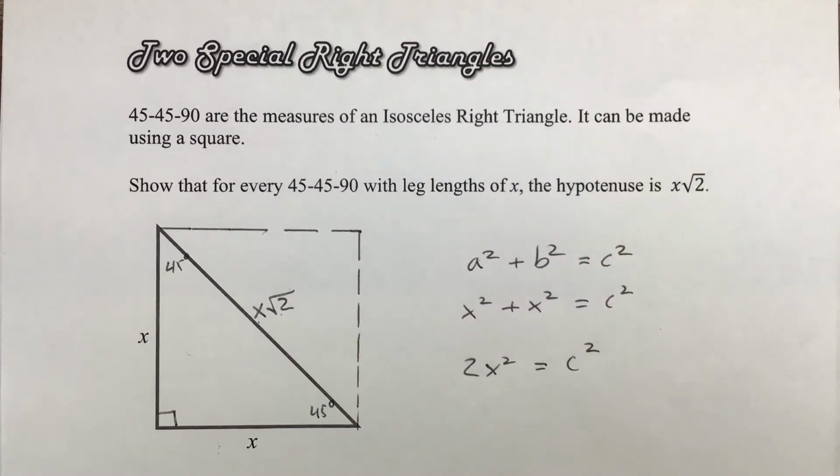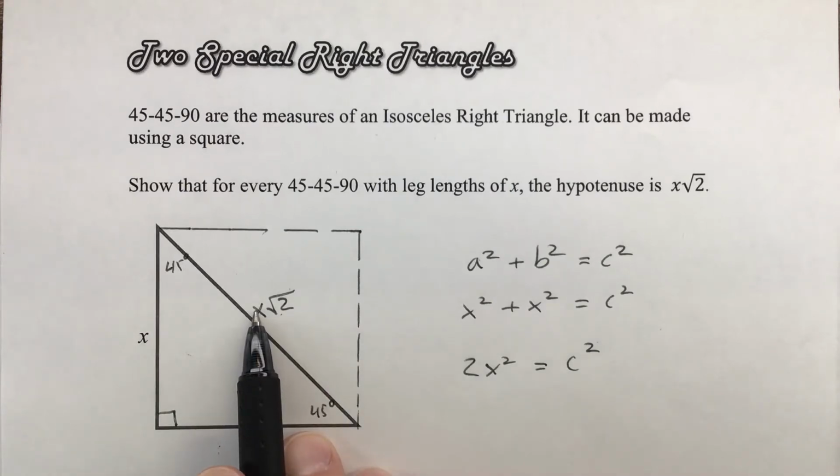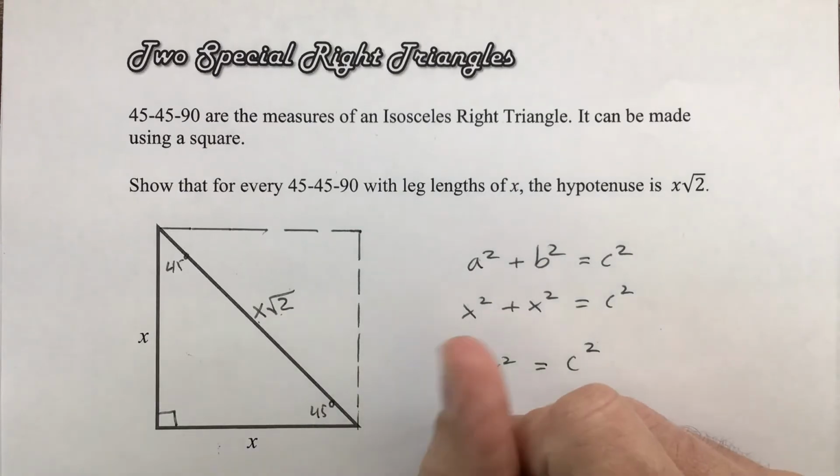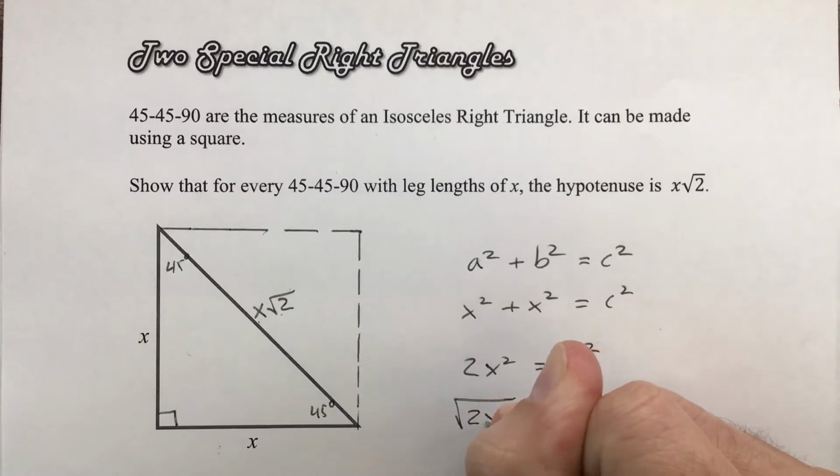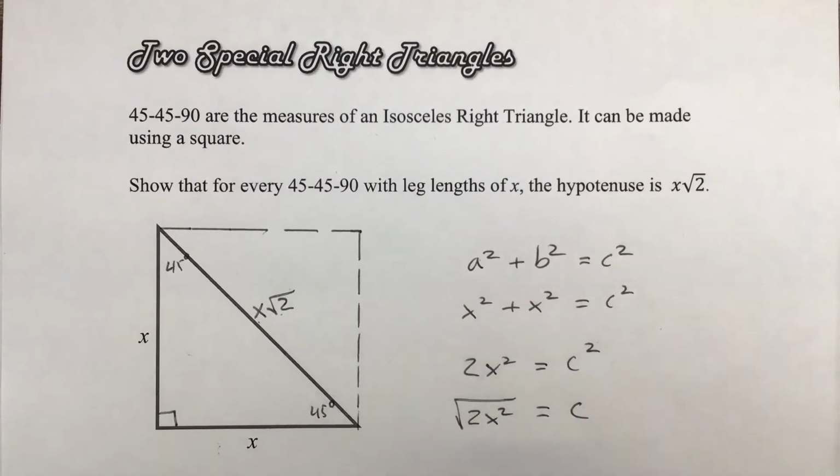Now what we would normally do at the end of a problem is take a square root to get the hypotenuse. So I'm going to square root both sides, and that would give me the hypotenuse. Following the rules of radicals, if you have any factors inside that are perfect squares, you can square root those, such as the x. I can move that to the outside of the radical.